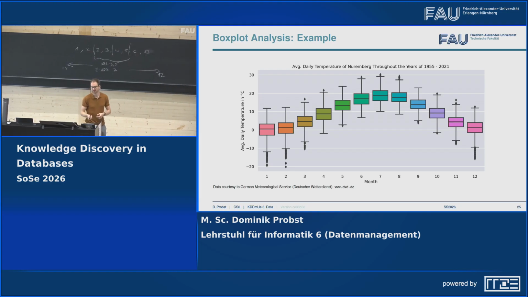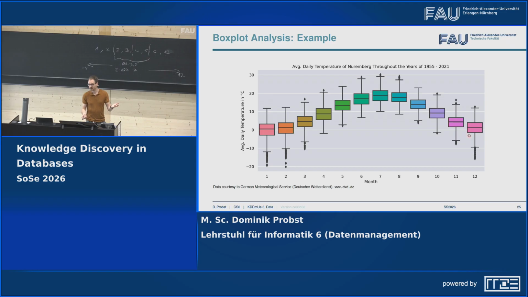And we can see that, of course, in January and December, the temperatures are the lowest in general, because we can see that the box itself is pretty low compared to, for example, July.